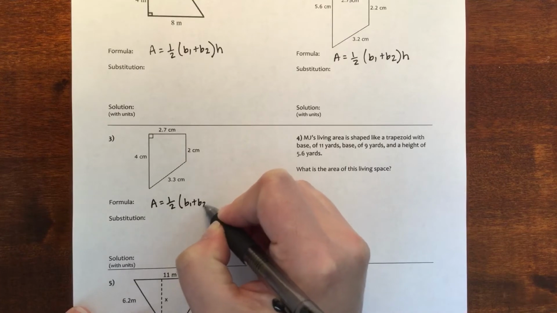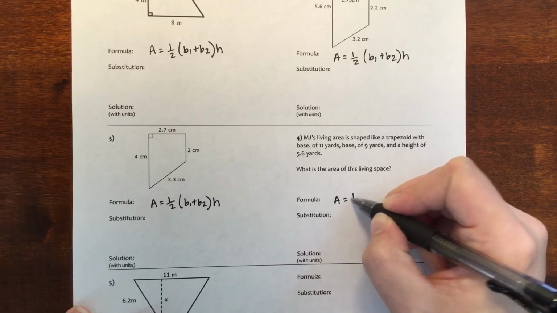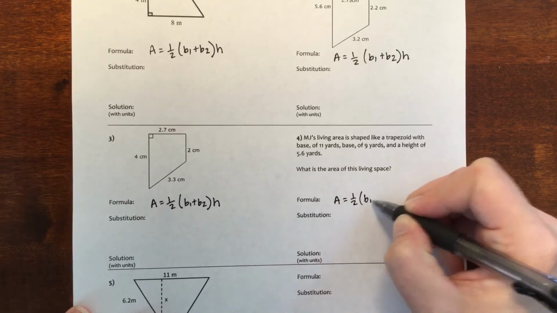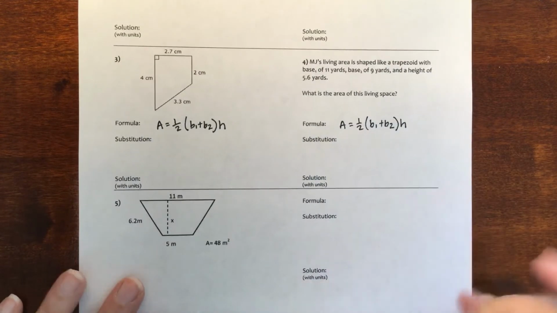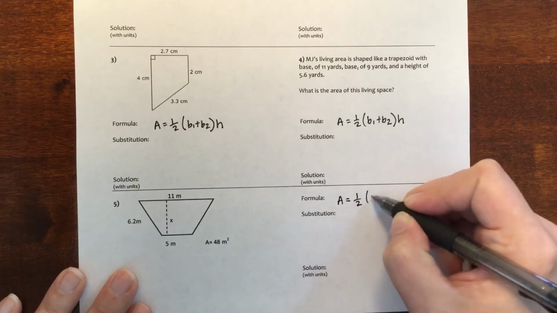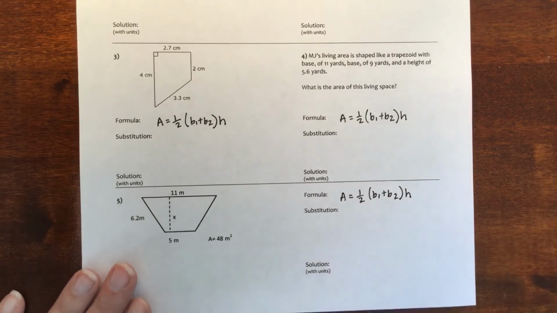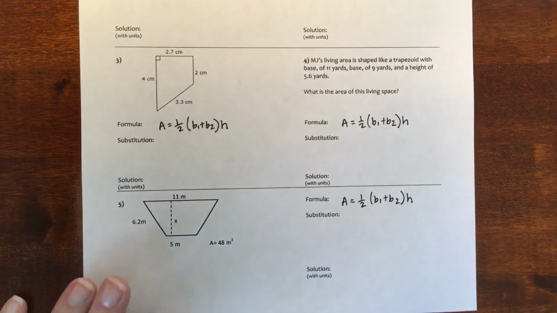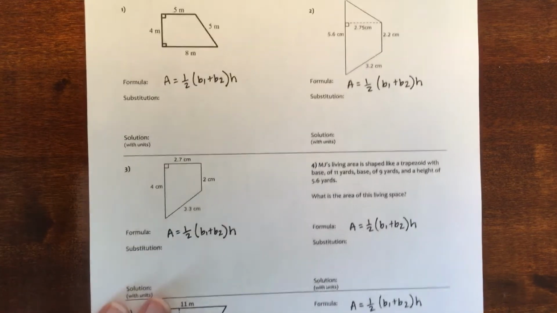But you saw in your lessons how it can connect to the area of a parallelogram, and that would be done by adding both bases, which are the parallel sides of a trapezoid, multiplying by the height, and then taking half of that, because two trapezoids form a parallelogram, but we're only interested in one trapezoid, which is half of a parallelogram. So every single problem should have the formula area equals 1/2 (b1 plus b2) times height. There would be a check just for having that already.